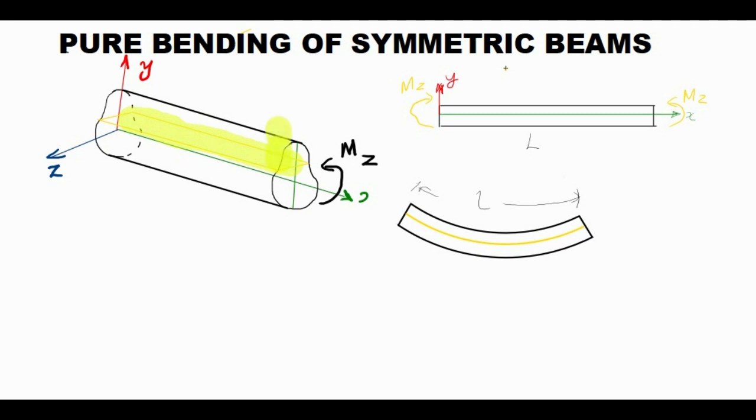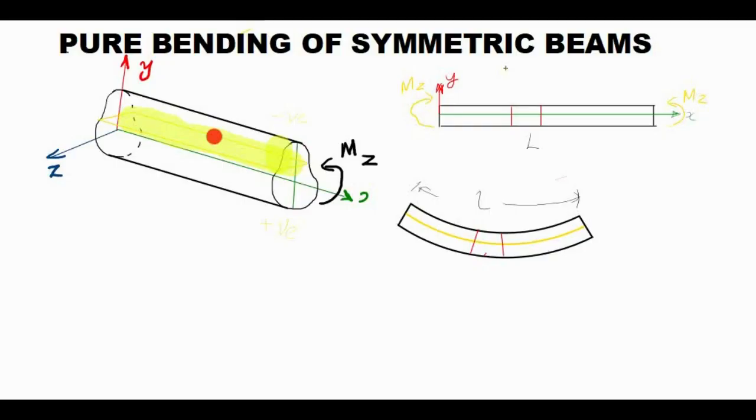Above the surface the length will be reduced and below the surface the length will be increased. So here there will be a negative strain, and here it will be a positive strain, a positive change in length.